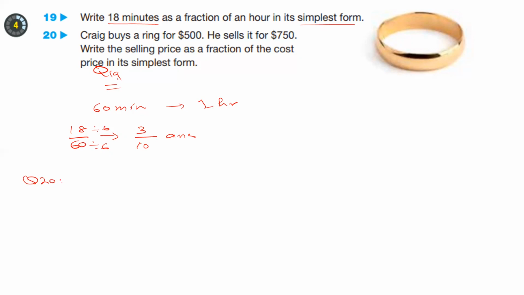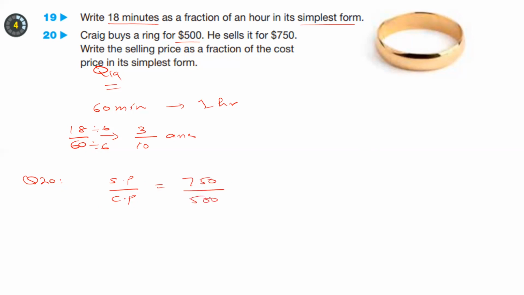Question 20 states, Greg buys a ring for $500 and he sells it for $750. Write the selling price as a fraction of the cost price. So the selling price will come above and the cost price will come down. So here I write 750 upon 500.